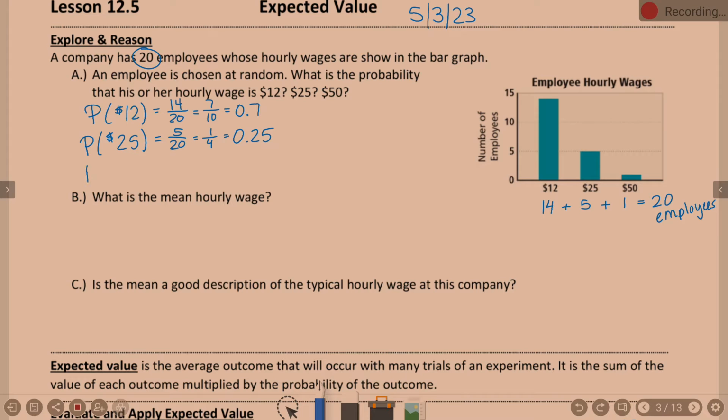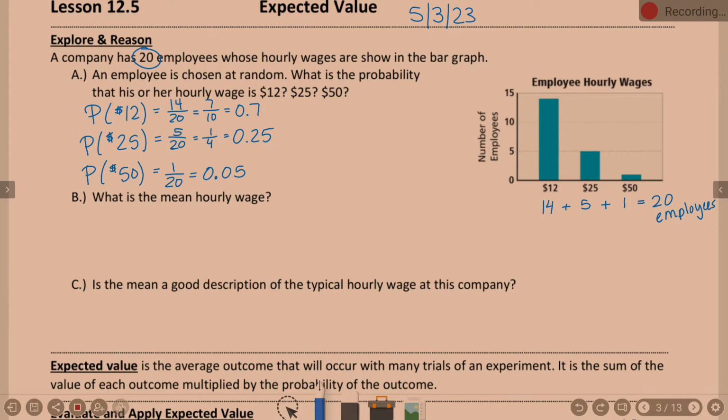And what about the probability of having a $50 an hour wage? There's 1 employee in that situation out of 20. And what do you know about 1 out of 20? 0.05, right? 1/20th, 5%, so 0.05. Okay, so those are your probabilities.